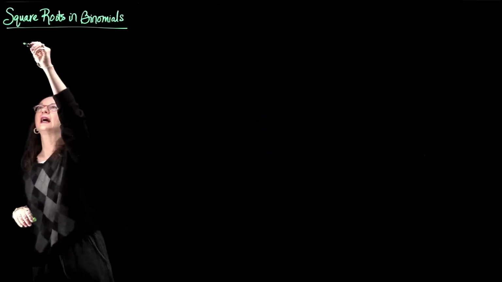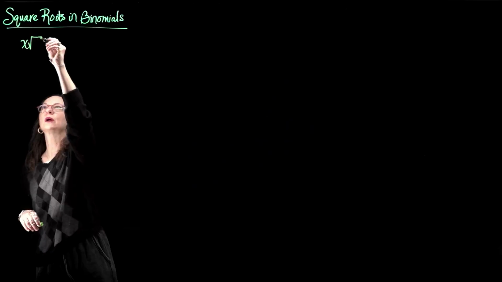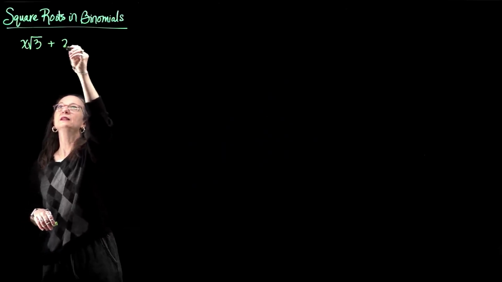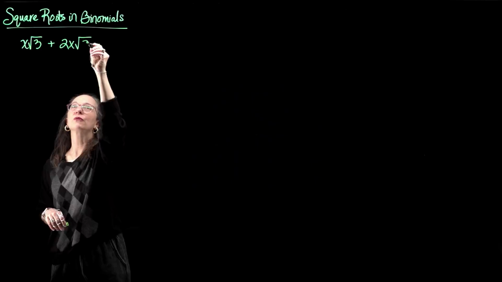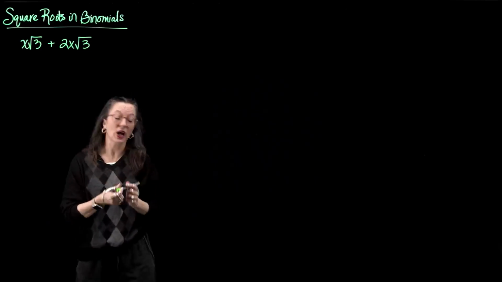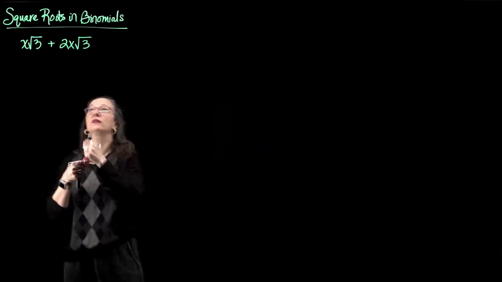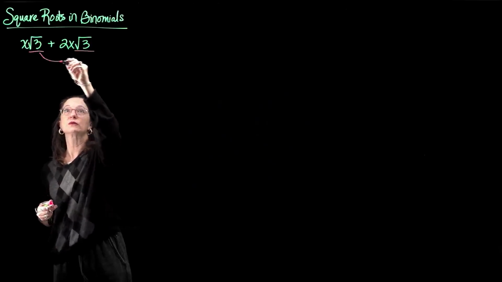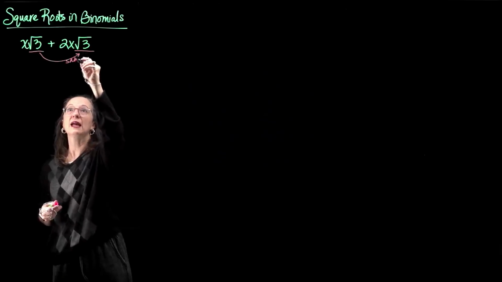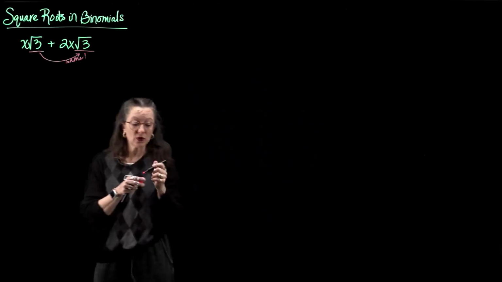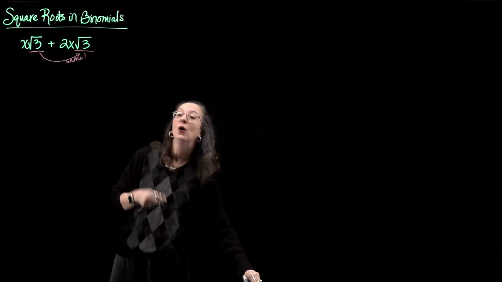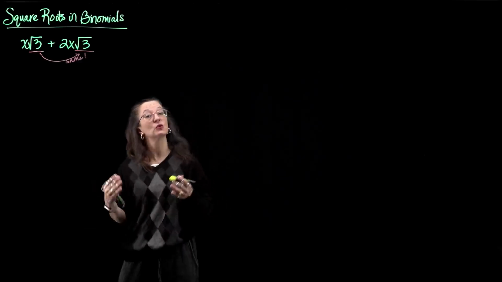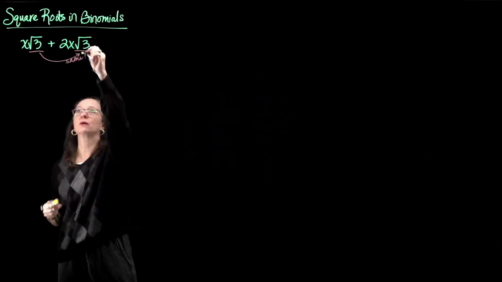Remember that if I add something like x square root of 3 and 2x square root of 3, the first thing I want to check for is to make sure that they have identical square roots. And if they are the same, then we move on to checking what's out front of the square roots, or the coefficient on that square root.